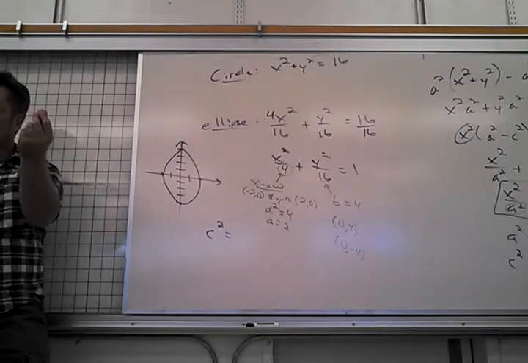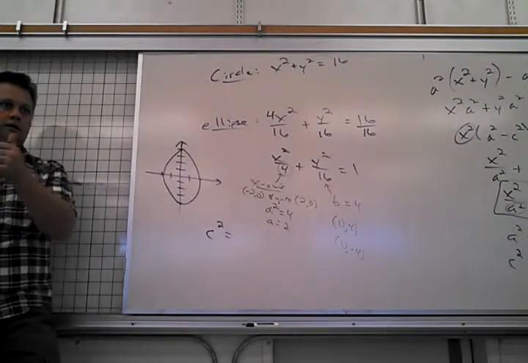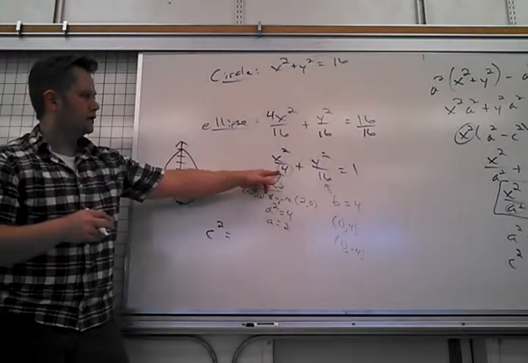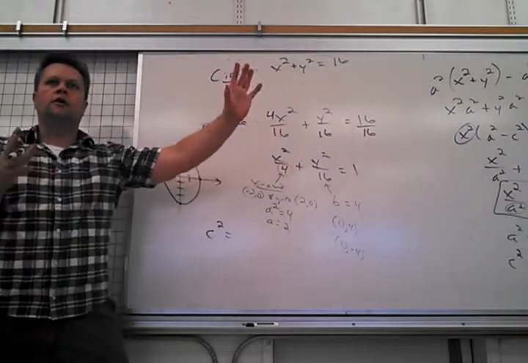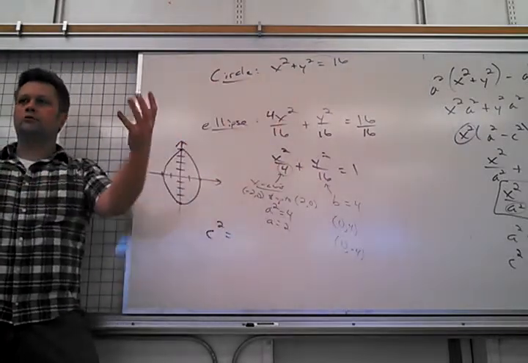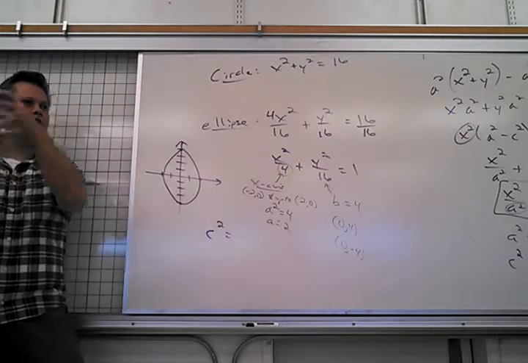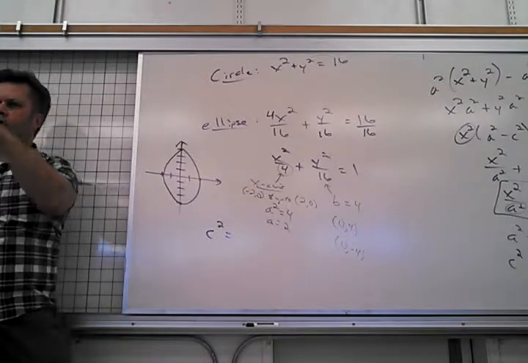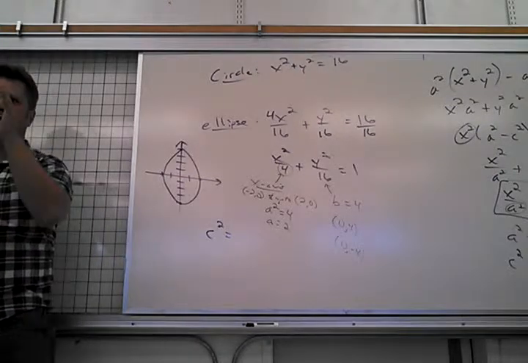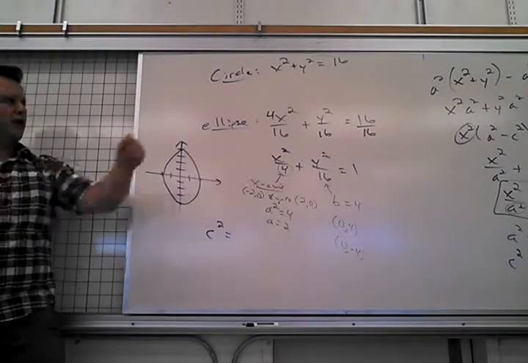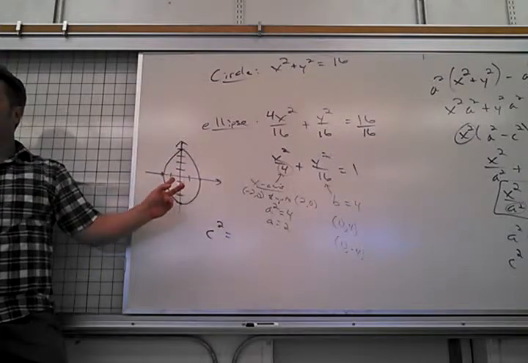They make the A and the B switch based on which one's bigger. I just always said to myself, A is X and B is Y. And then when I go to do this, I just subtract the bigger one minus the smaller one. So the book tries to change the A and the B so that it's always the same formula, but who cares? You know you're going to take the bigger minus the smaller. You can't have an imaginary focus for this.